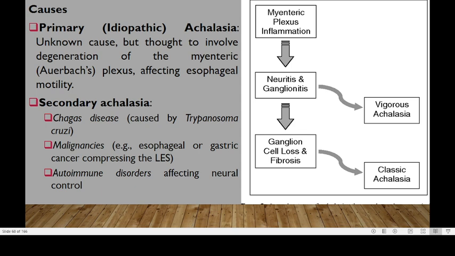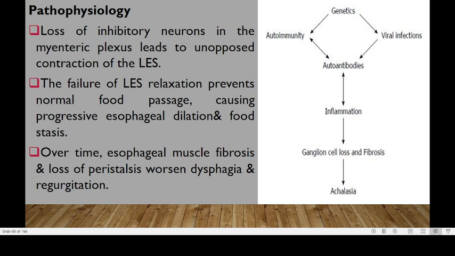Achalasia is generally caused by Trypanosoma cruzi, where there is production of autoantibodies that results in inflammation, ganglionic cell loss, and fibrosis, resulting in achalasia. So the failure of cardiac sphincter relaxation prevents normal food passage, causing progressive esophageal dilatation and food stasis.